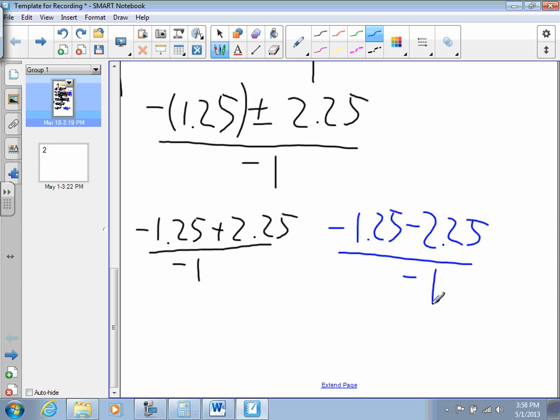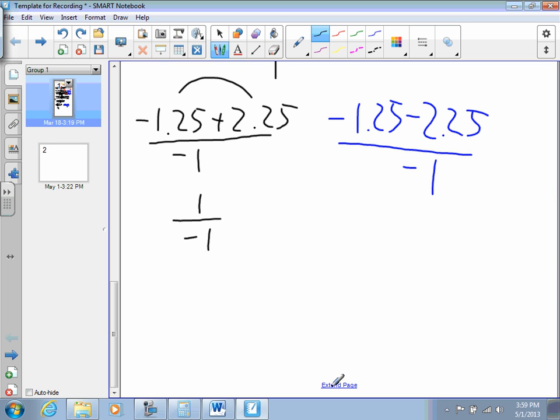So let's go ahead and we'll start off by combining like terms here. We take 2 and 25 hundredths, subtract 1 and 25 hundredths, and we get 1, and that's over negative 1. And that, of course, equals negative 1. Over here on the other side, negative 1 and 25 hundredths minus 2 and 25 hundredths.